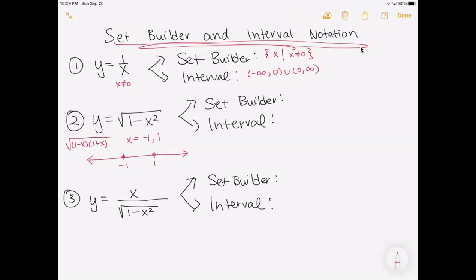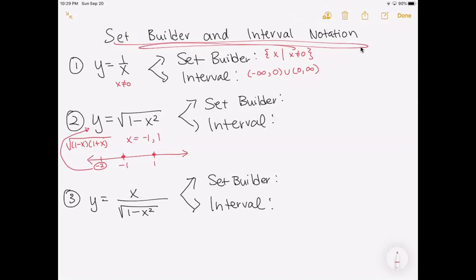Now I'm going to choose a random number to my left-hand side, like -2. If you want to choose -10, that's perfectly fine, but any number smaller than -1. Here I chose -2 and substitute it into our given function, radical 1 minus x squared.